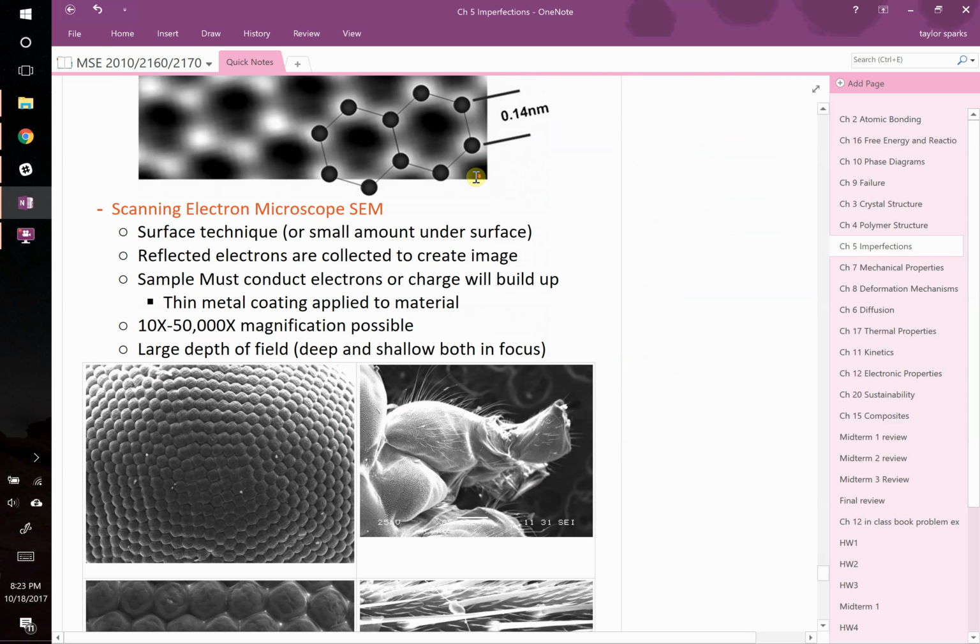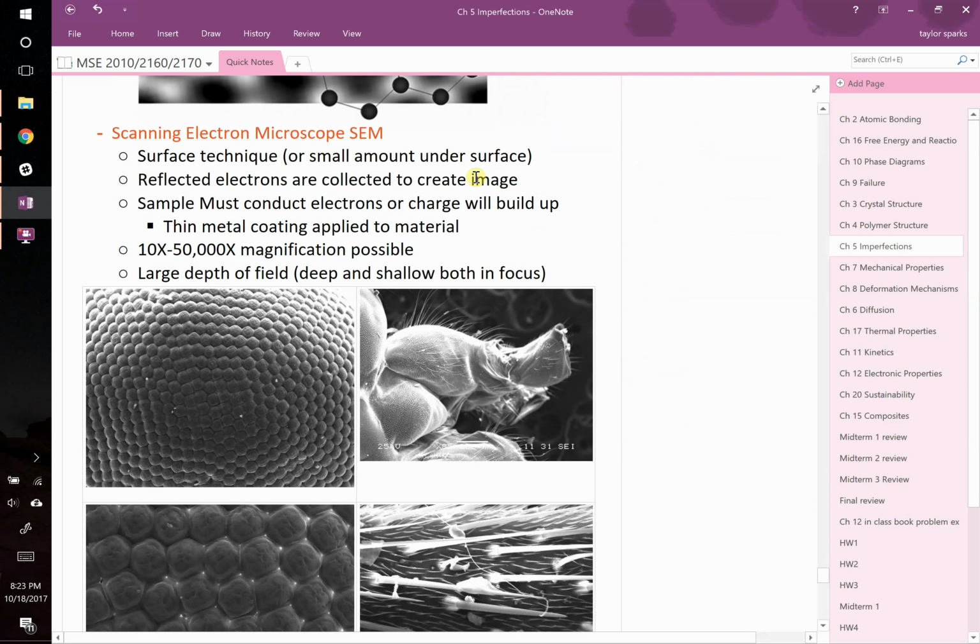And then a more common type of electron microscopy, certainly something that's far less expensive, is scanning electron microscopy. And in this case, you don't accelerate the electrons with such a high voltage, and you don't have to look at it by traveling through your material. You can just hit the material surface, and it looks at electrons that are then reflected, or secondary electrons, ones that are generated within your material.